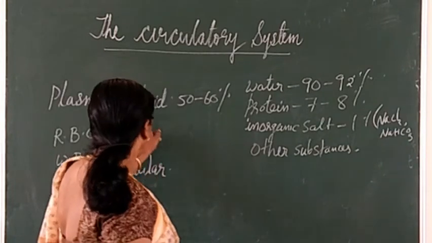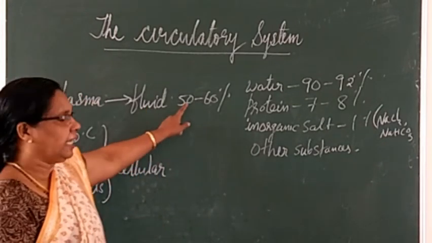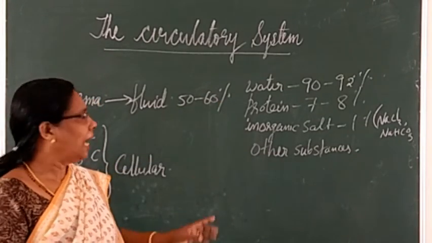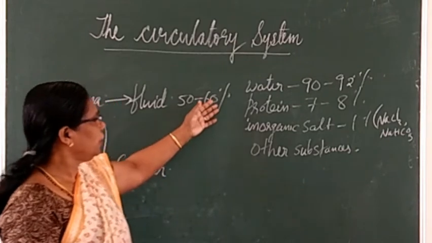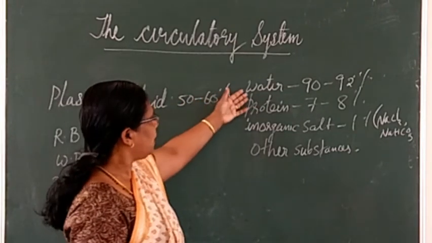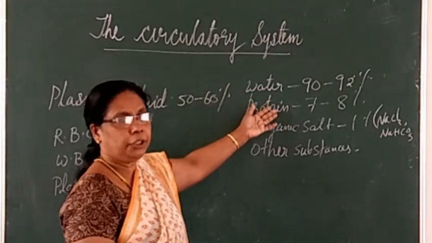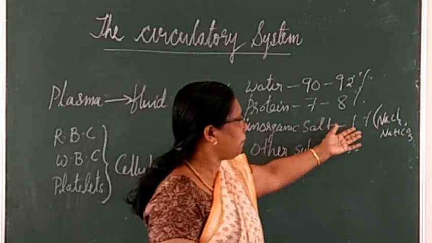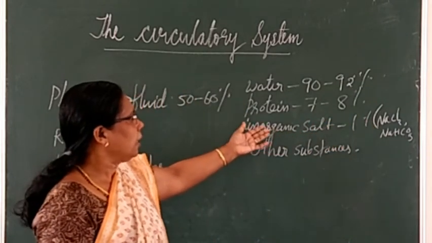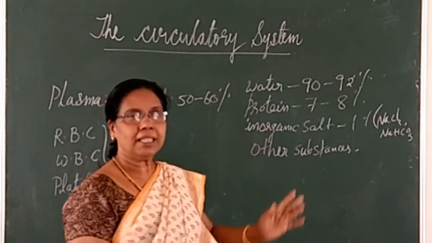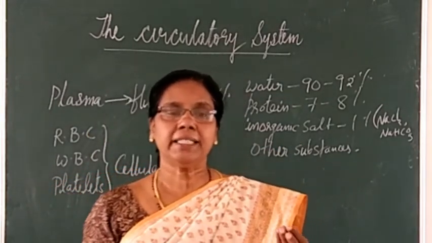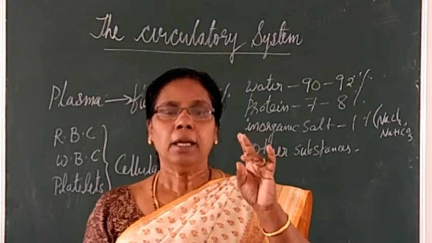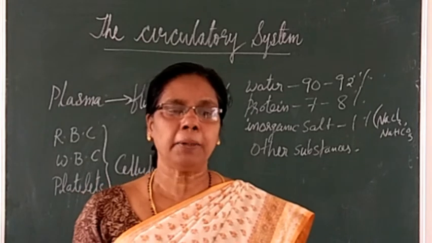So blood plasma is the fluid component. Nearly 50 to 60% of blood is plasma, and it consists of water 90 to 92%, protein 7 to 8%, inorganic salt 1%, that is sodium chloride and sodium bicarbonate, and other substances in very trace amounts like amino acid, fibrinogen, hormones, urea, etc. Okay.